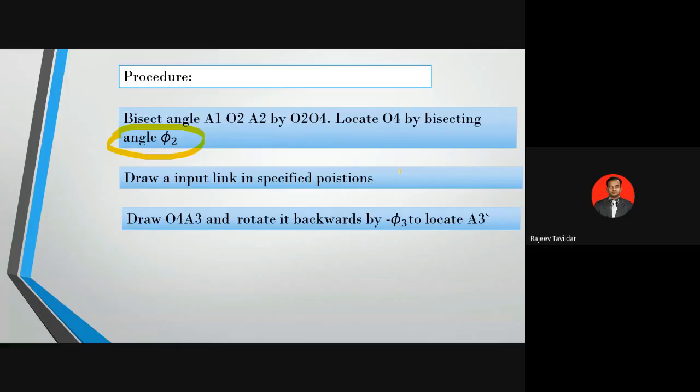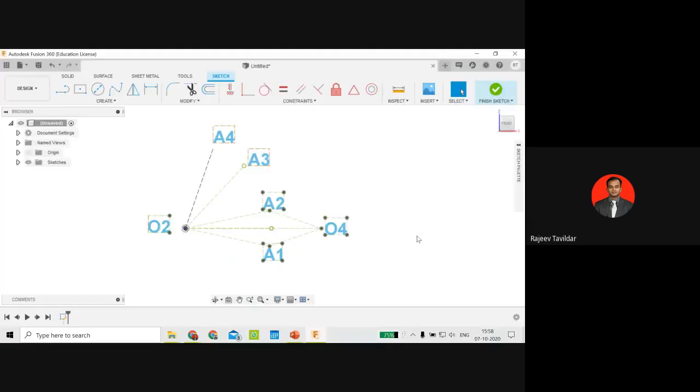So the next step is we need to draw O4 A3. We need to join this O4 and A3 by a ray and rotate it backwards by minus phi 3 to locate A3 dash. Let me join O4 and A3.